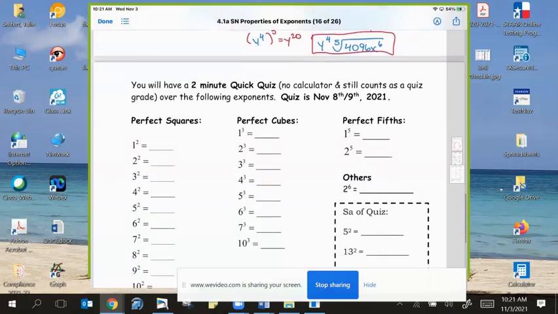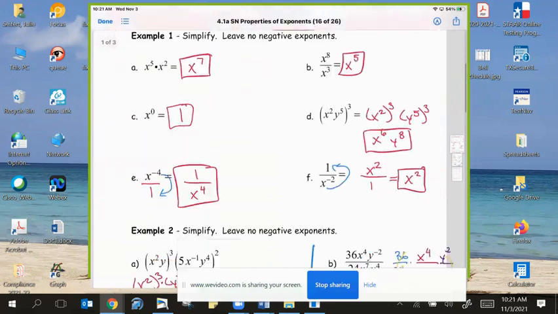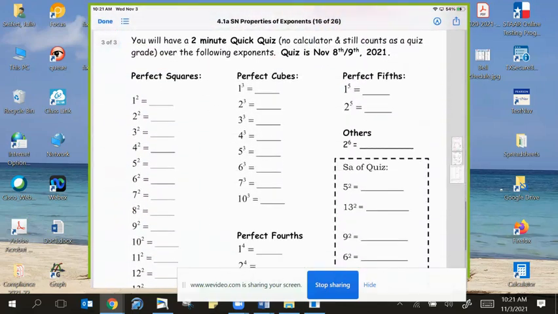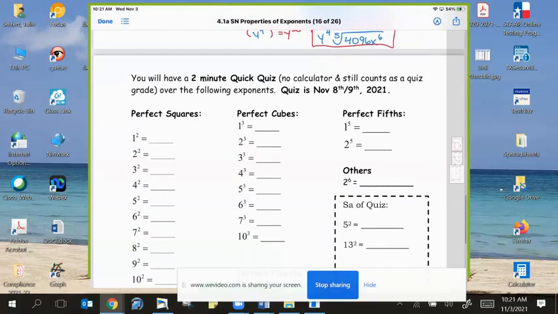You need to know your perfect squares up to 15, and then don't forget about 20 squared. You need to know your perfect cubes up to 7 and then 10. You need to know the perfect fourths up to 5 to the power 4 and 10 to the power 4. You need to know some fifth powers, 1 and 2 to the 5th power. Knowing lots of powers of 2 is a good idea, 2 to the 6th.